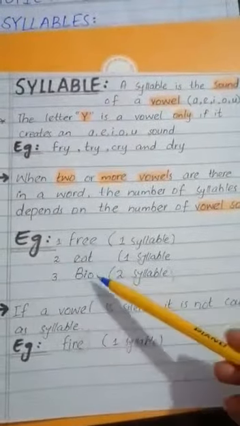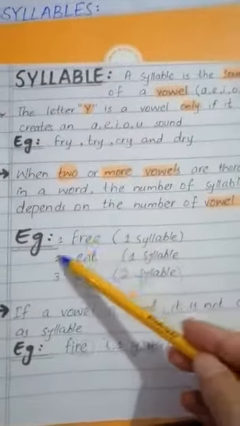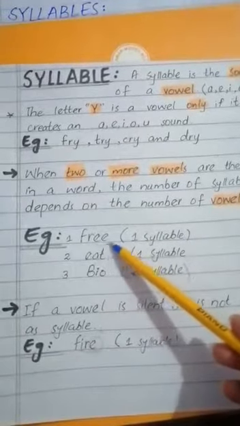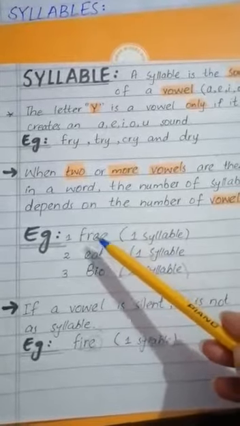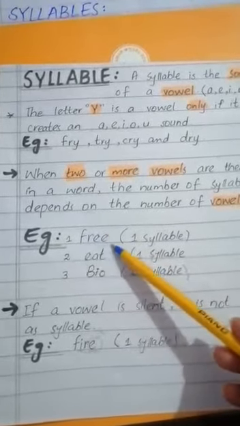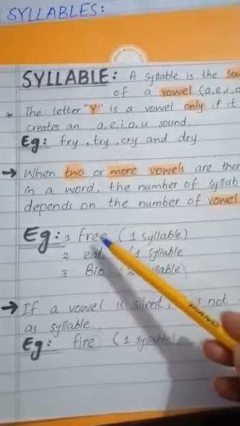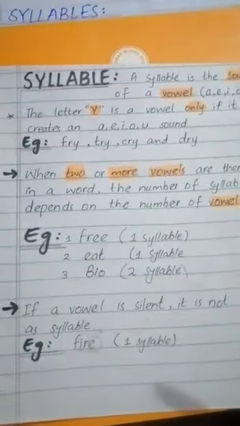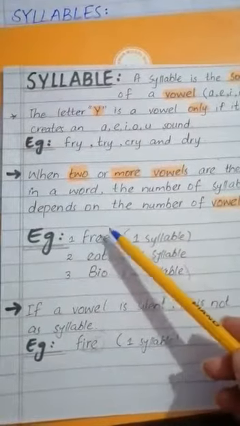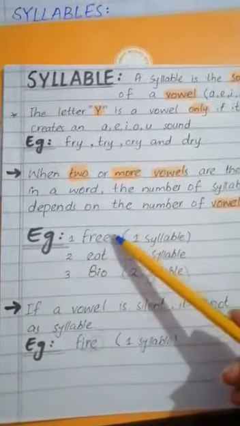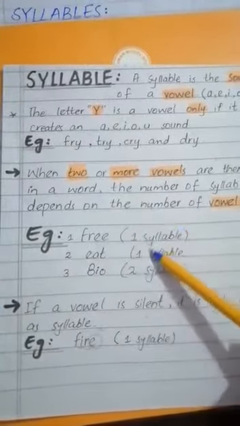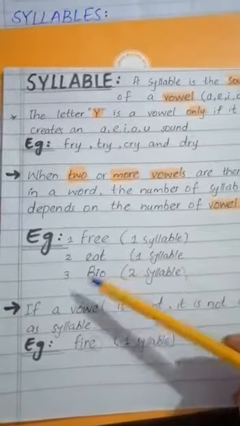For example, see here, free. In the word free, we have 2 vowels, but the 2 vowels create a sound of 1 vowel. Okay, free is producing the sound of 1 E. Although we have 2 E's here, the sound is 1, that is why it is a 1 syllable word.